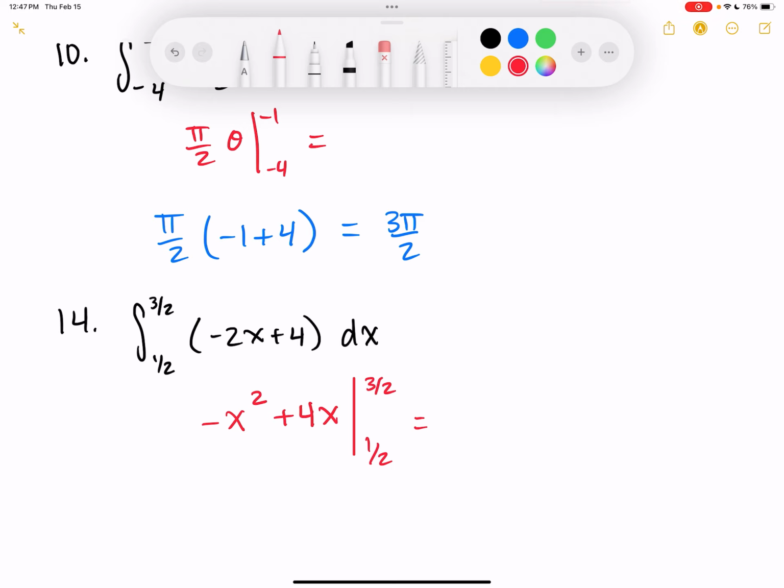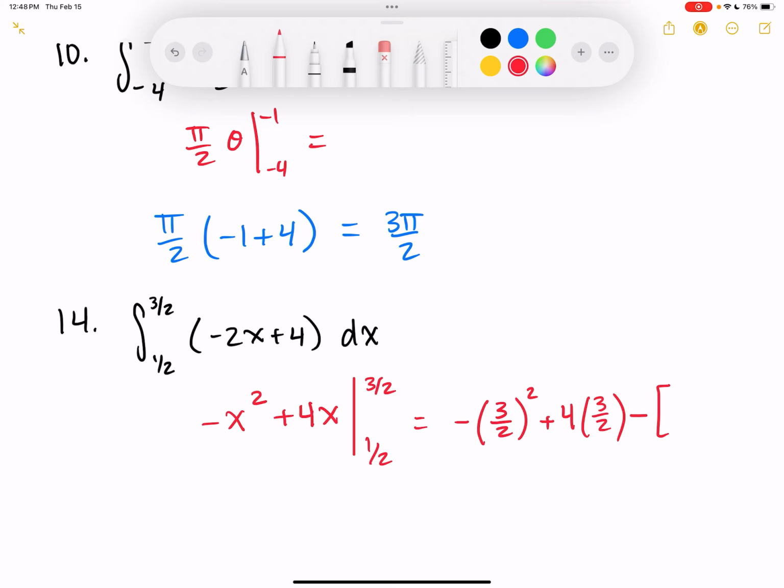I'm going to tell you a lot of times when I'm plugging it in, I'm going to just mentally do the math and write it down, but I'm going to actually write down the full step for this one so that we see it. So this is negative, parentheses, 3/2 squared plus 4 times 3/2, minus, and then I will typically put a bracket because that minus is going to everything.